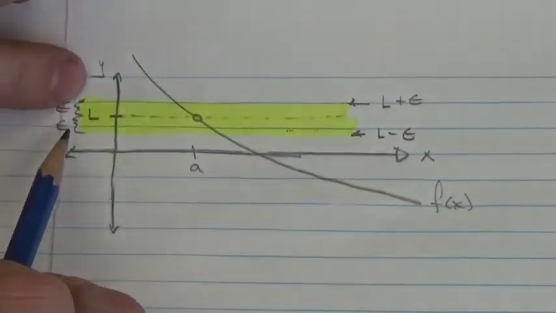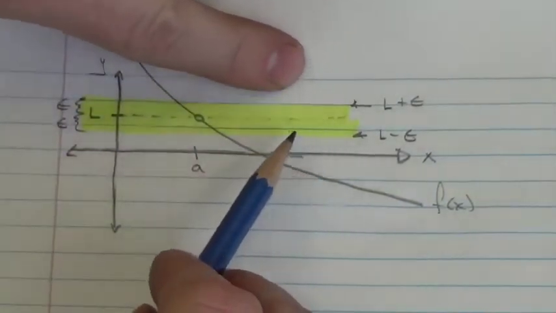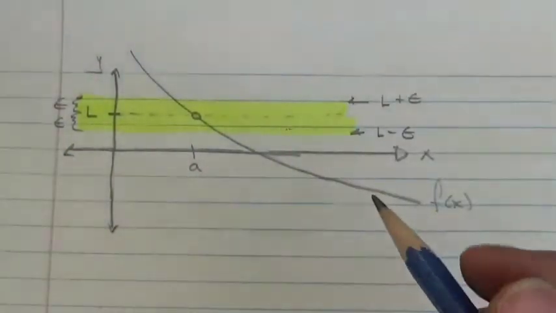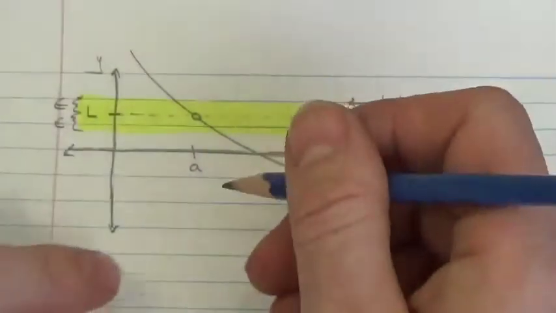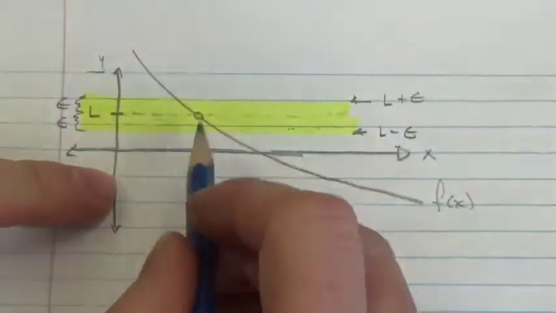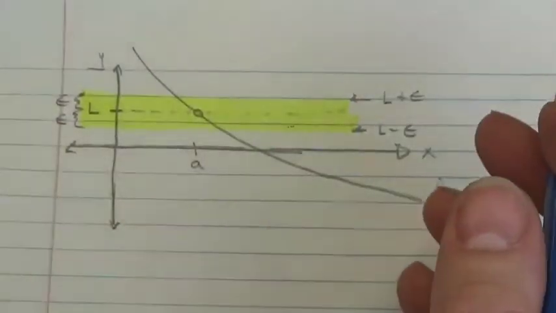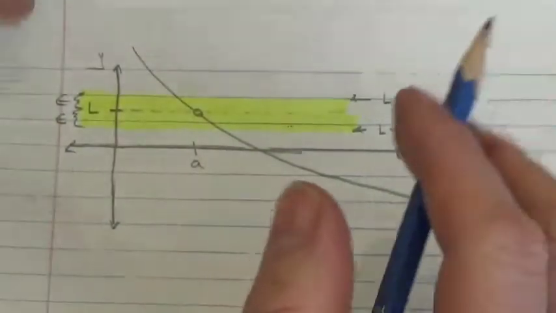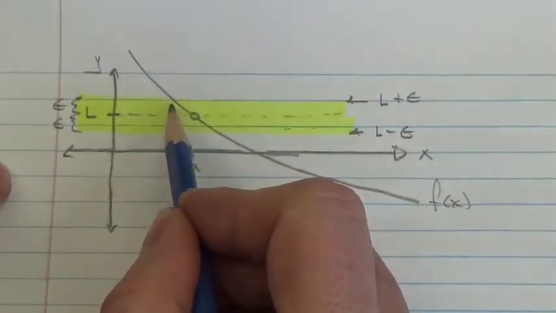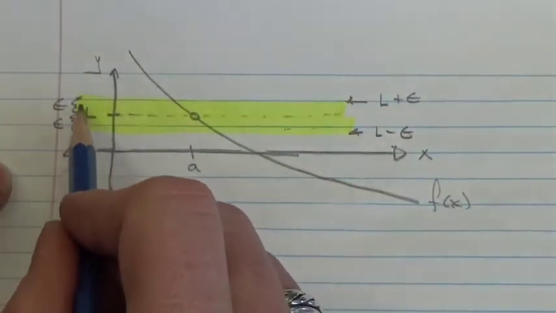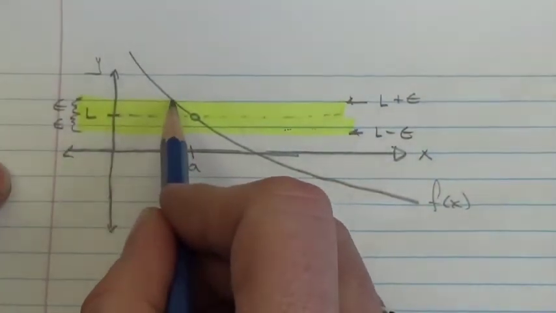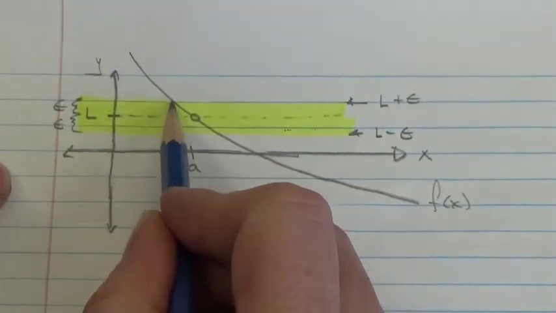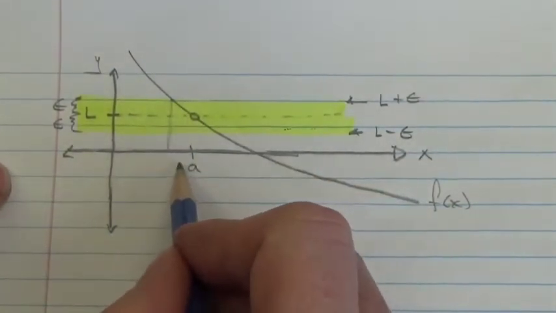We're saying that these two boundary lines essentially create boundaries for x, and I'll show you how that works. This isn't exactly the way this has to work, but I think this provides a really good visual. If you look at where my L plus epsilon hits the graph, what's that x value? Well, I don't know. It's going to be a little bit smaller than a.